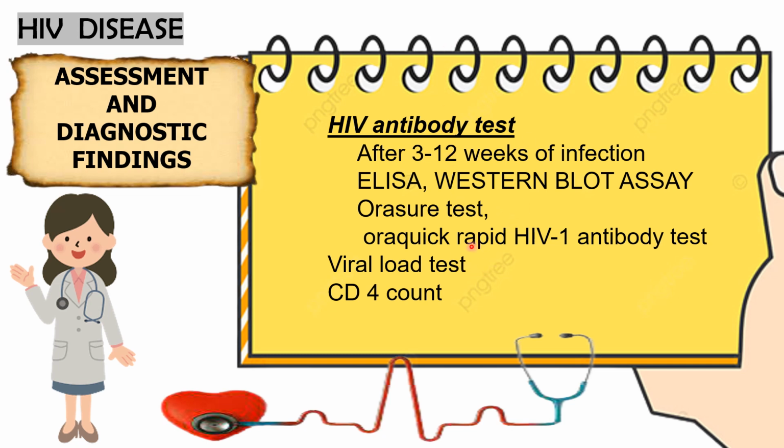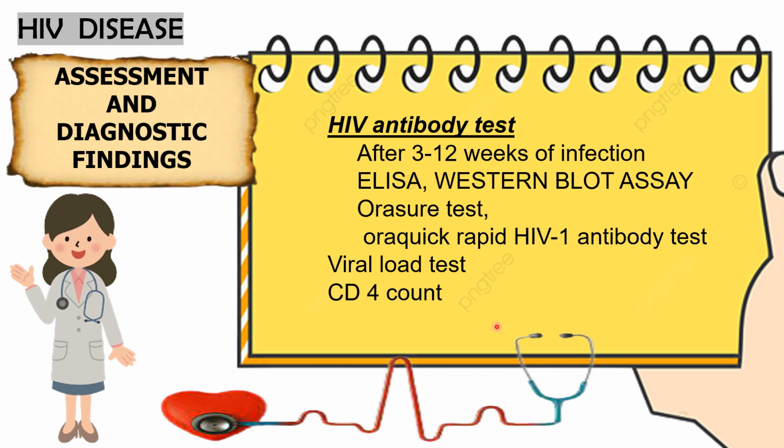So you can have the ELISA test wherein the antibodies are detected, and then the Western blot assay, which confirms the ELISA test. And then the CD4 count or viral load test, which measures the HIV RNA in the plasma. And then the CD4 count, we know that the normal count is between 500 to 1,500 cells per cubic millimeter of blood.